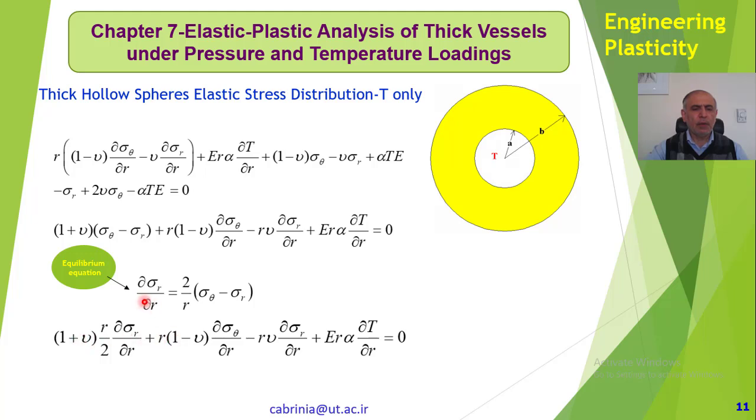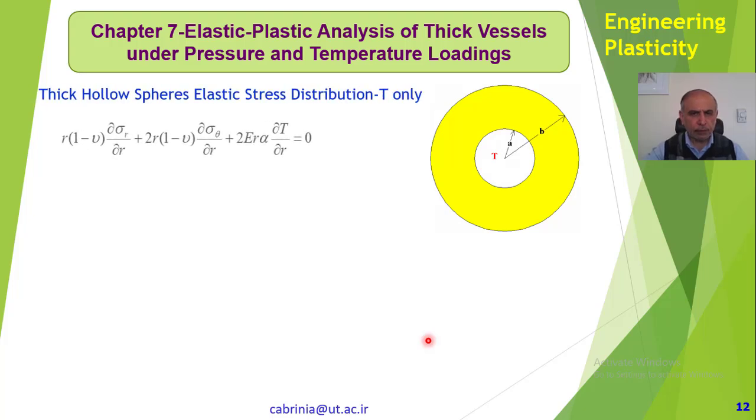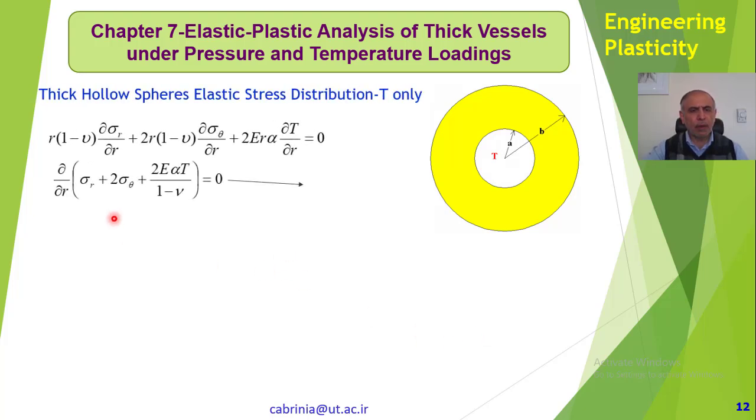So that's the equilibrium equation, and we substitute for sigma theta minus sigma r from here to there, and we get this equation becomes this. So we have this equation from the previous page. If we simplify that, we can write it down like that.